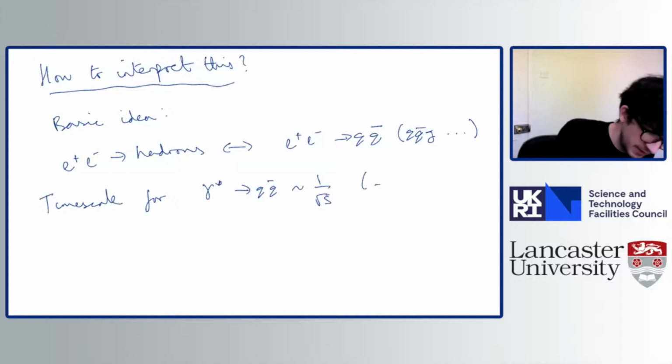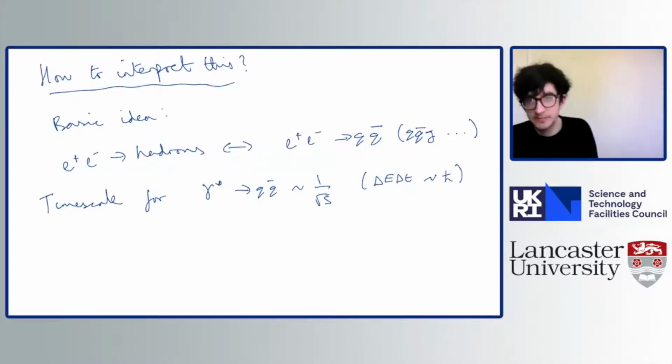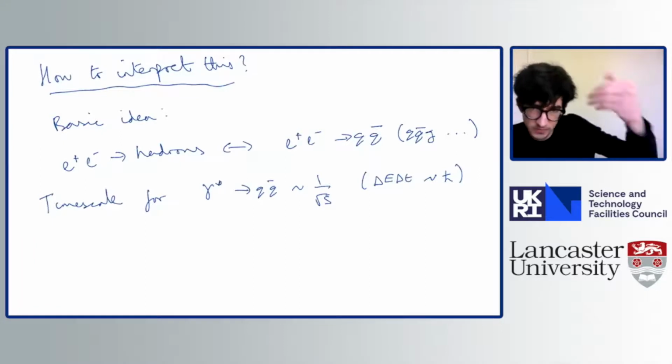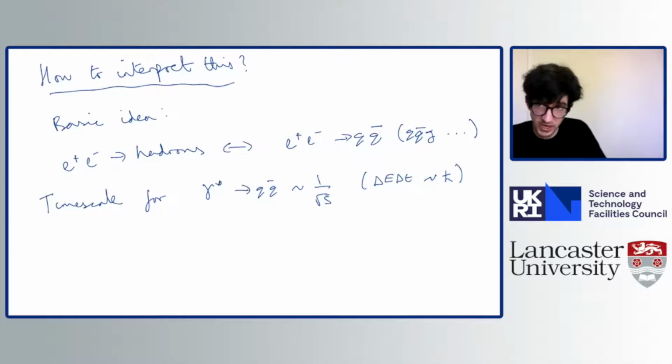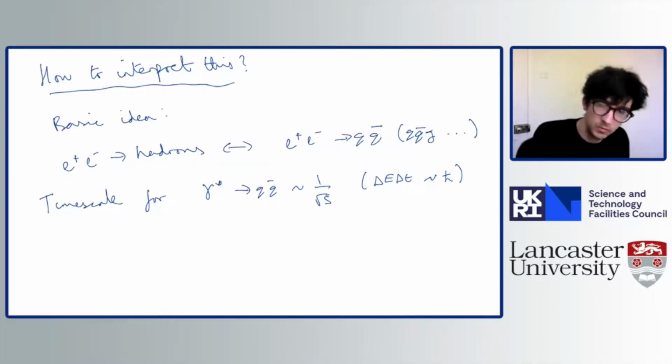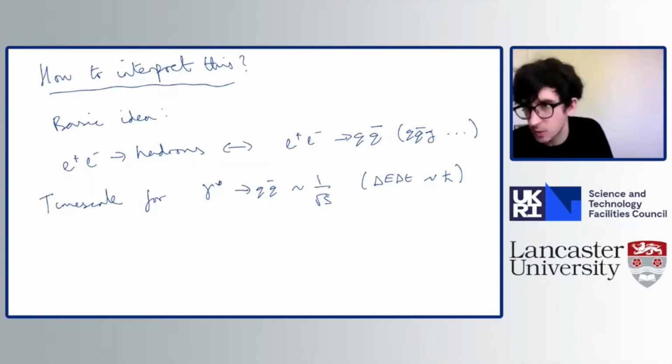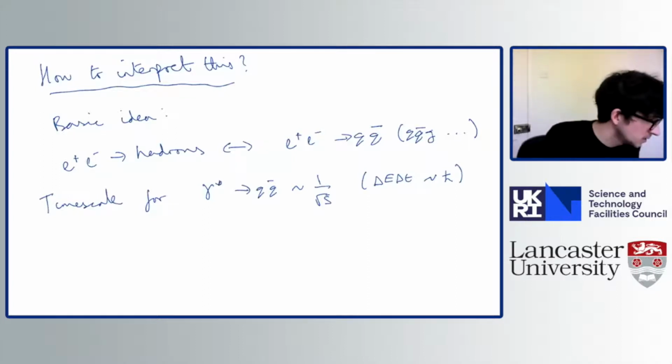And that's just a basic hand-wavy, but certainly valid, uncertainty principle argument. So the energy there is of order root s going through the photon, and one expects therefore the characteristic timescale over which that formation happens to be of order 1 over that. I'm setting h bar to 1, as we always work in natural units, which is why it's not present, but I've reintroduced it there to be clear where that's coming from.